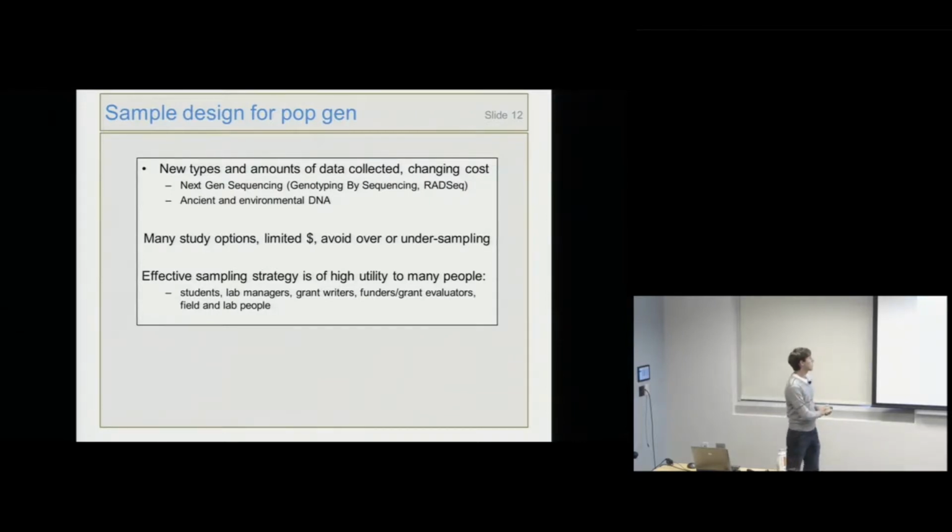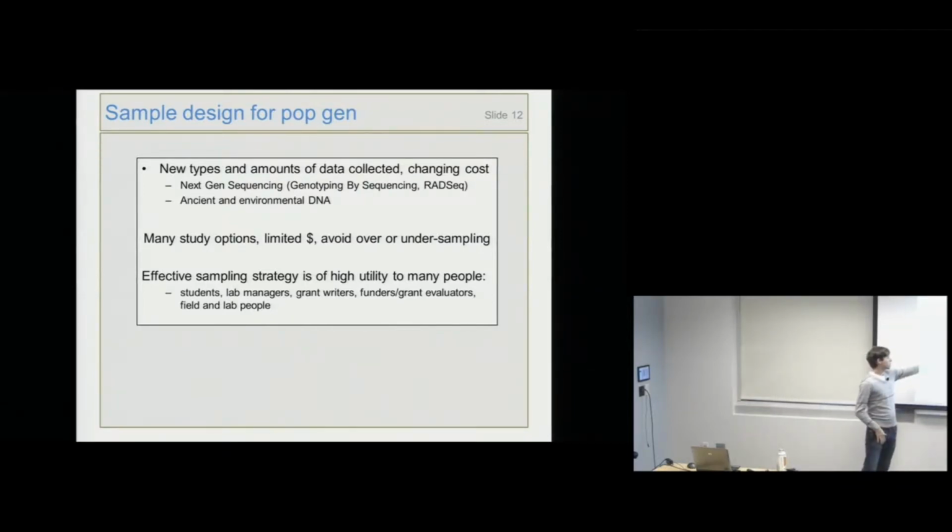In my opinion, as we get more types of genetic data and more amounts of genetic data, we have more options for the study, and increasingly limited funds. I think in this time we actually need to be even more concerned about avoiding over or under sampling for a study.